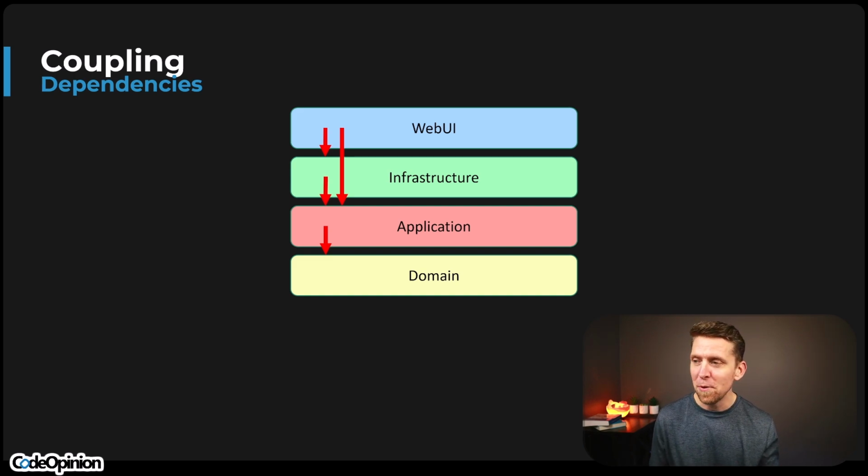Why I mention stability is because the domain is dependent on nothing, meaning nothing can affect it. If something in our web UI changes, maybe we use a different framework, does that affect the domain? None at all. Nothing has to change in that core because something above it is changing. That's why we want stability.